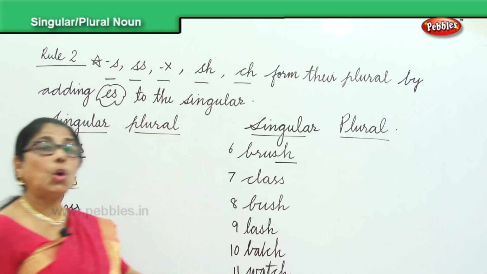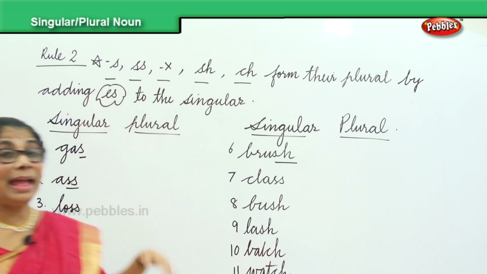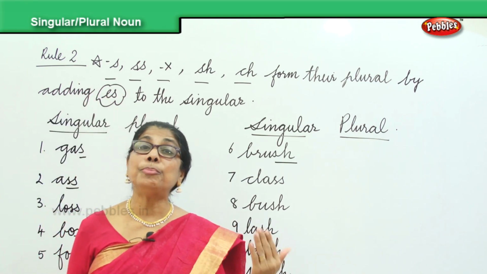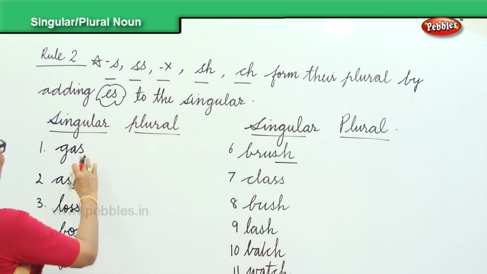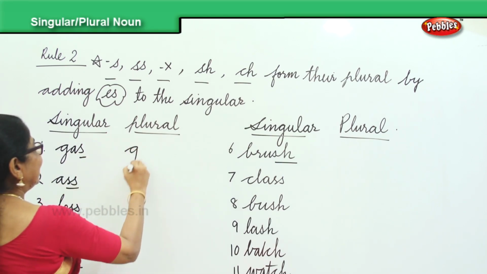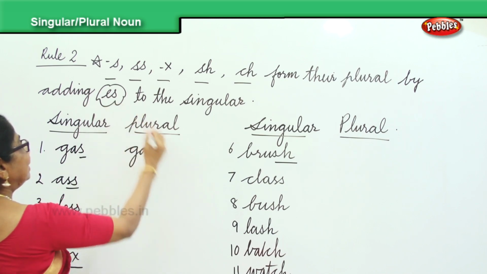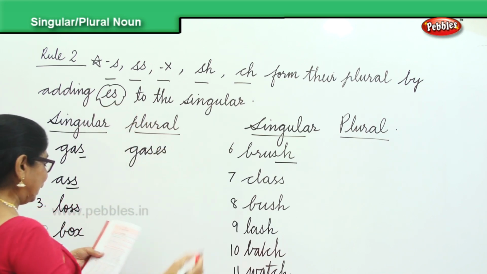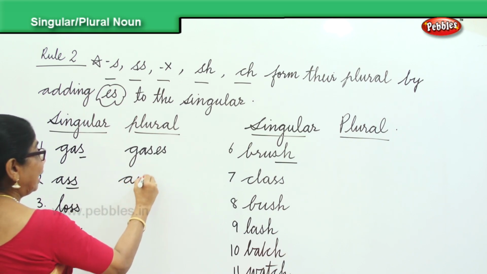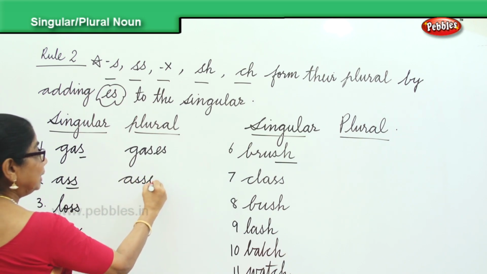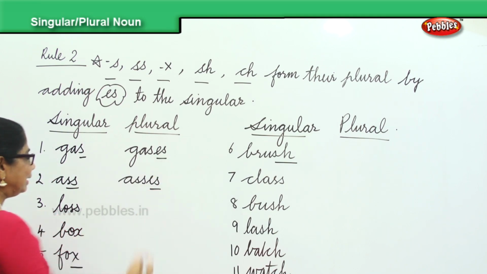All we need to do is add es to form the plural form. Now, let us do that together. Okay. Now, you have gas. So, you will write gas, add es, gases. Then you have as donkey. Then you add es.